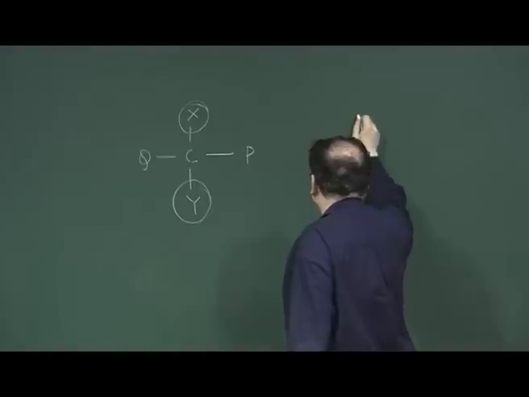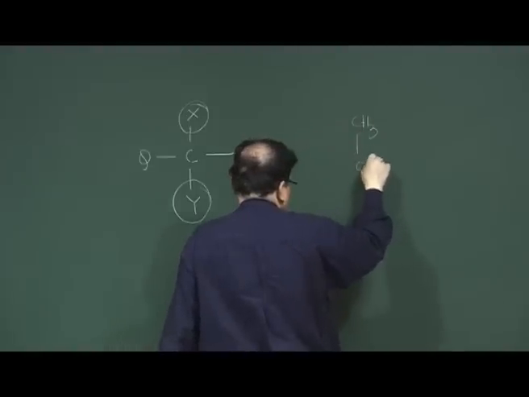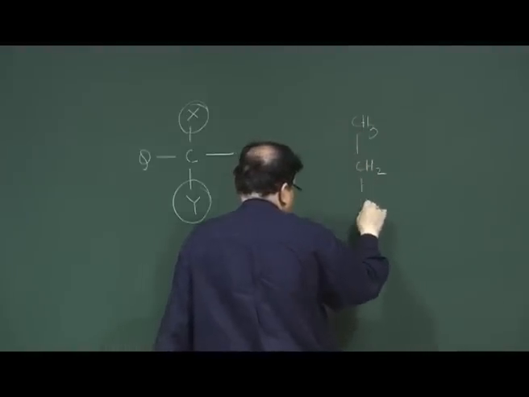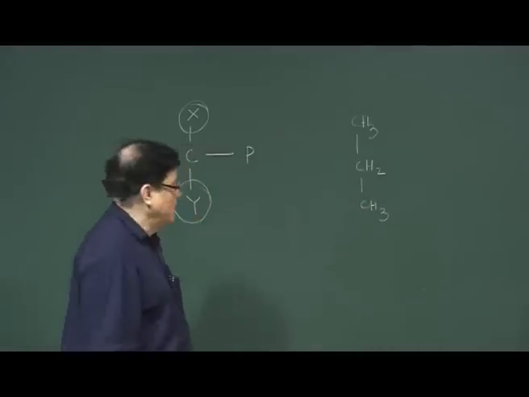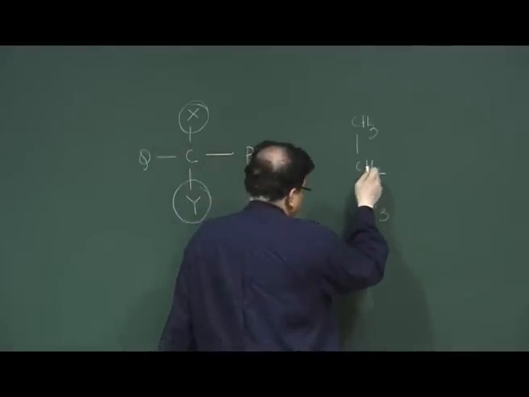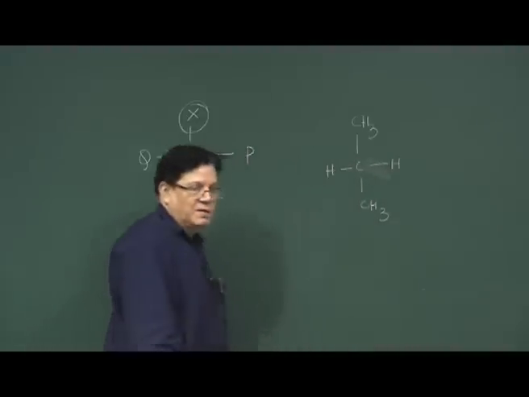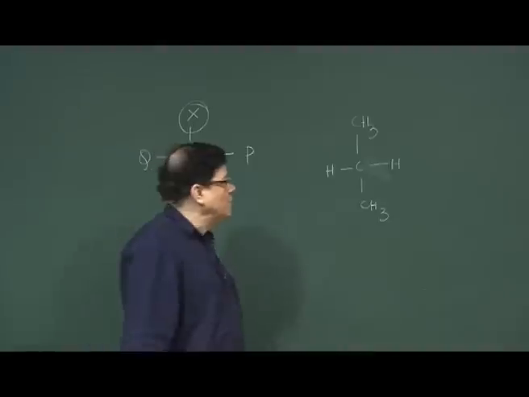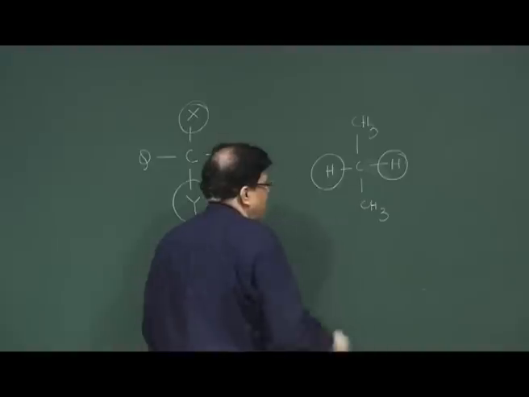this X, Y, P, we remove this, we put some groups. Suppose we put a methyl, we take this very simple compound CH3, CH2 and CH3. Okay. The pentane, propane. Now, in this propane, this carbon has these 2 hydrogens, and if I want to know the relationship between these 2 hydrogens.